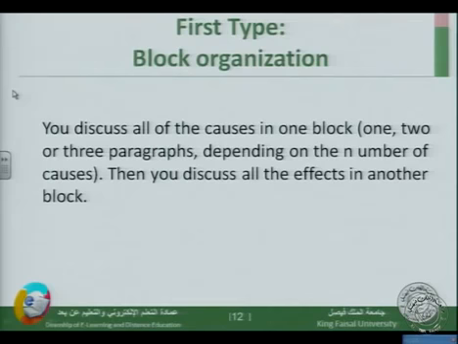So the first type of organization is to write and discuss all the causes in one block. The block might be one, three, or four paragraphs. And then after you finish all the causes, you need to start with the results.